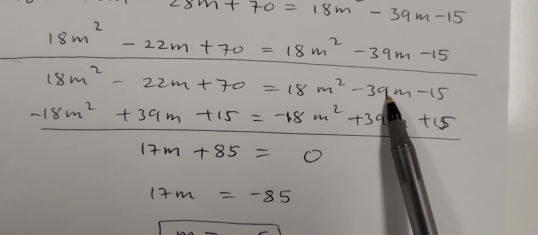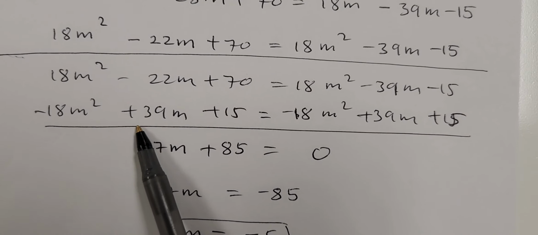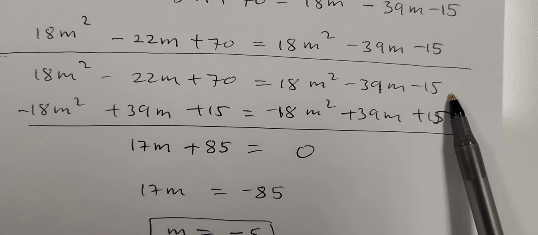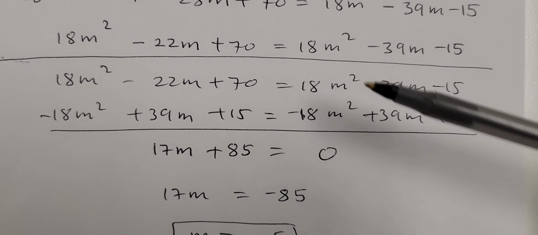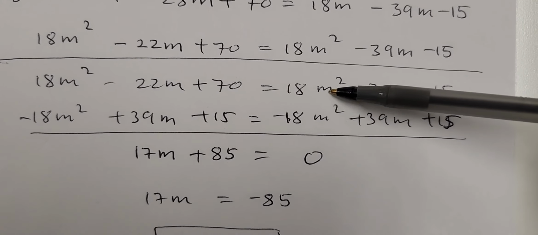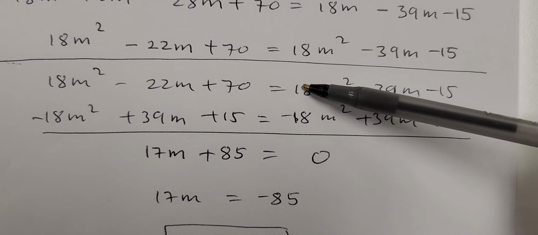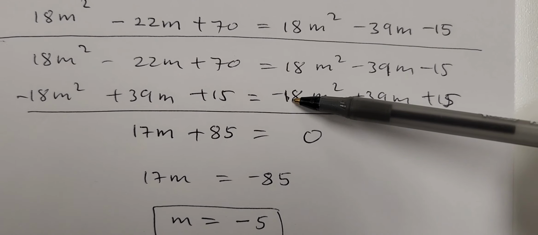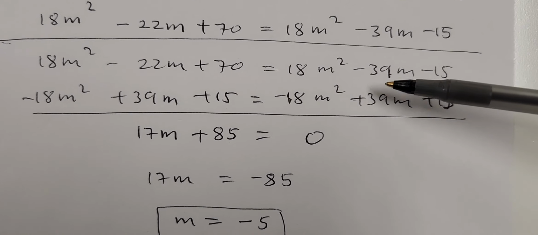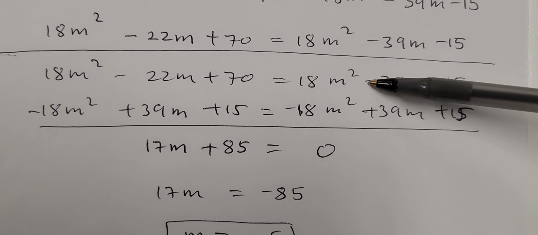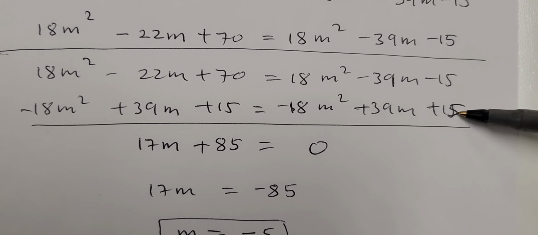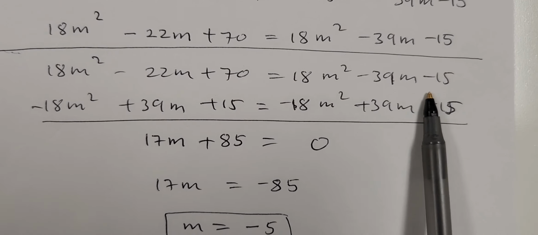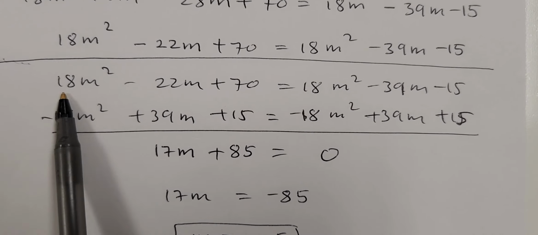Move this negative 39m, so it becomes positive 39m. Move this negative 15, so it becomes positive 15. Since I move them, the signs change.